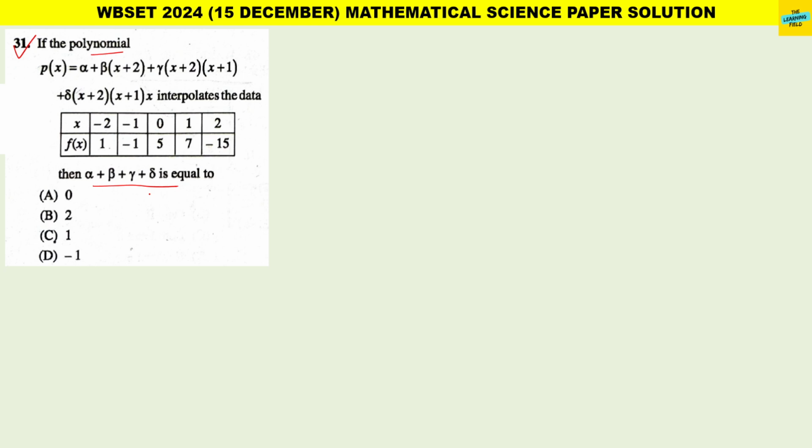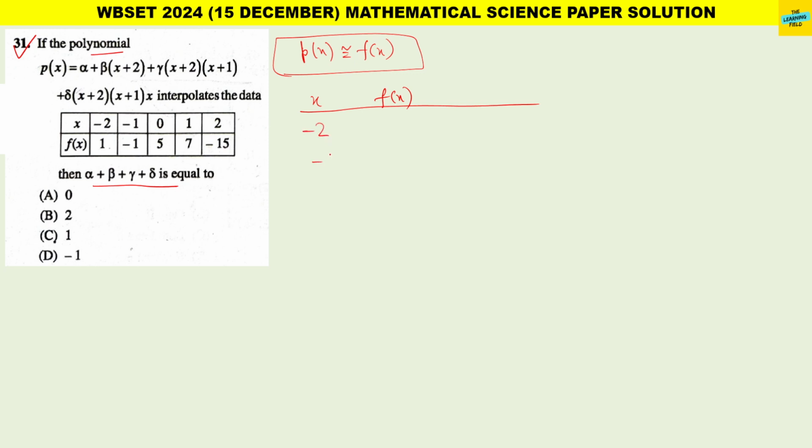So you can do this problem by taking P(x) as the approximating polynomial for f(x), putting in the values of x and f(x), calculating the relations between alpha, beta, gamma and delta, and solving it. And you can also do it by making a table. Fine. Table of Newton forward interpolation, suppose.